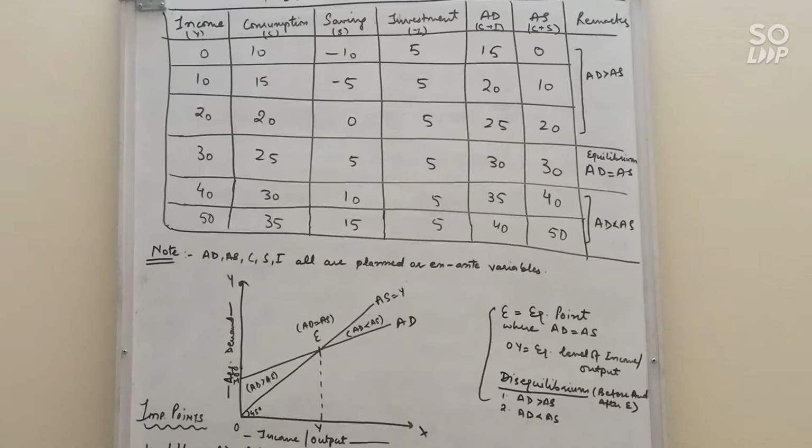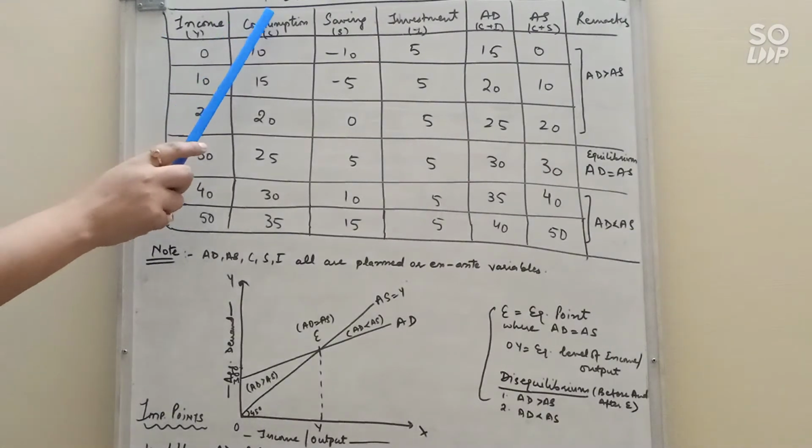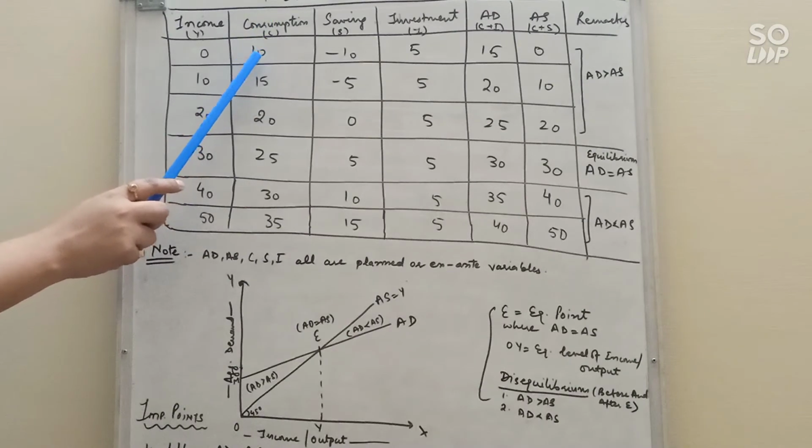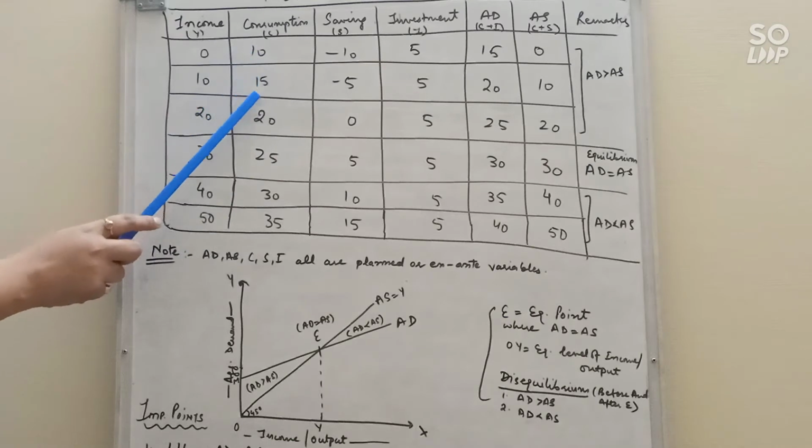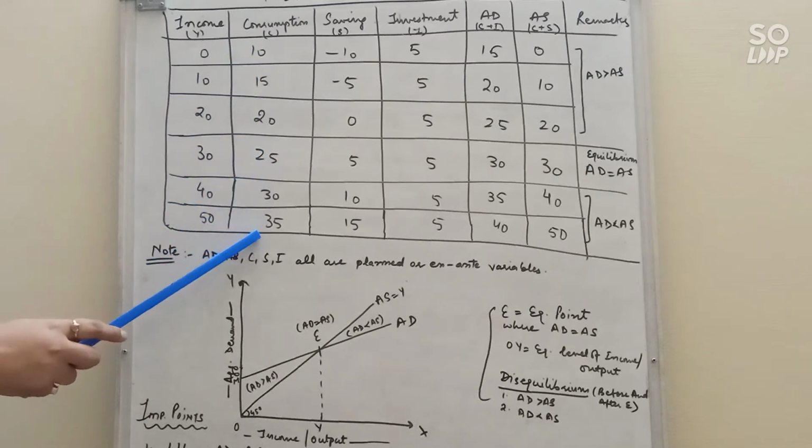I am taking the same values I took in the previous chapter. Income: 0, 10, 20, 30, 40, 50. Consumption cannot start from 0, so we start from 10 and increase by 5: 10, 15, 20, 25, 30, 35.